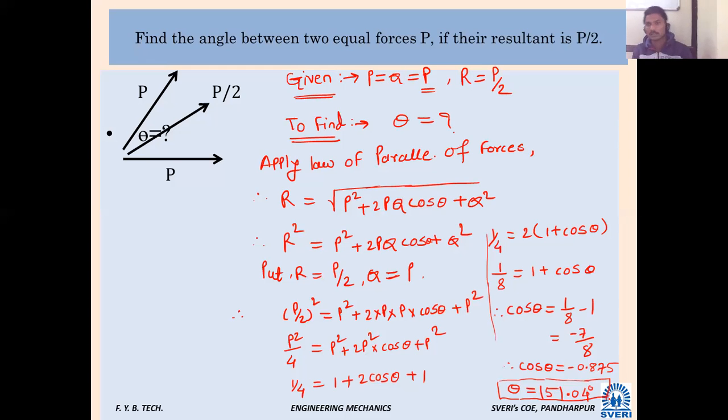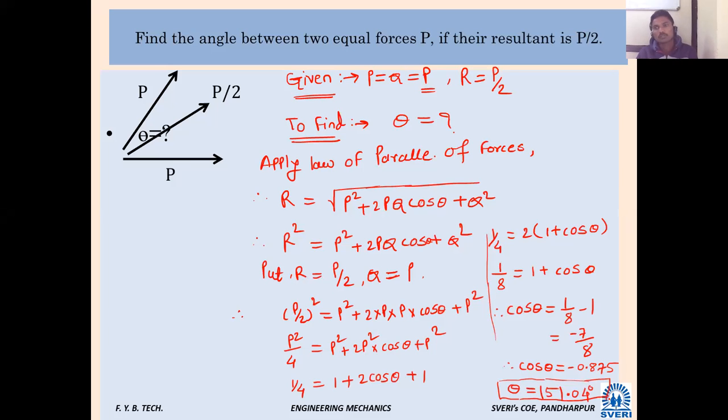So actually, I can appreciate the observation you made earlier. It's a good thing. But we can solve the same problem like this as well. Very good. Any problem?